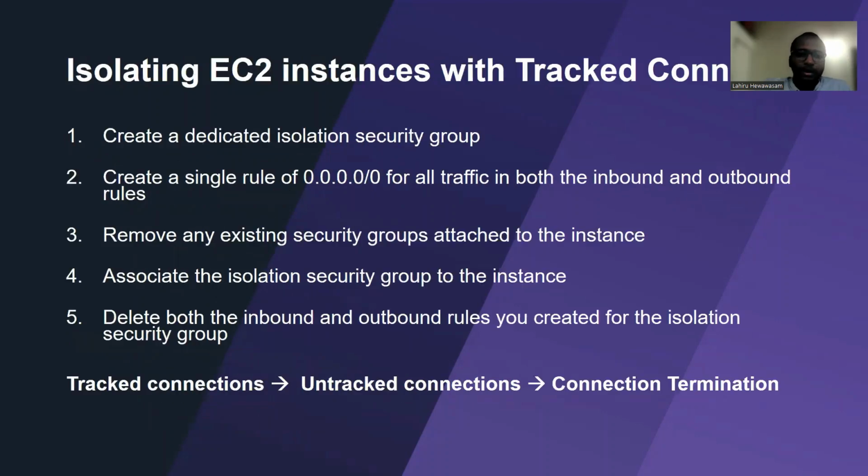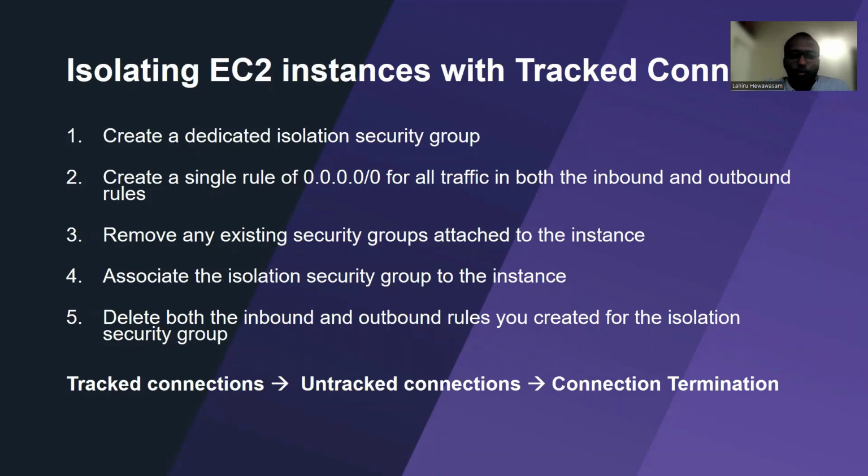So how do we work around this tracked connection issue? You create a dedicated isolation group with a single 0.0.0.0/0 rule for all inbound and outbound, so that's two rules, inbound and outbound, from 0.0.0.0/0.